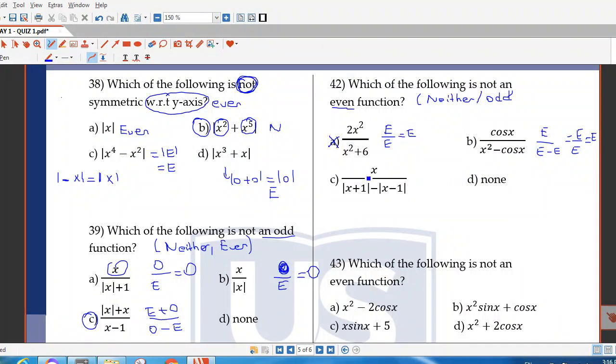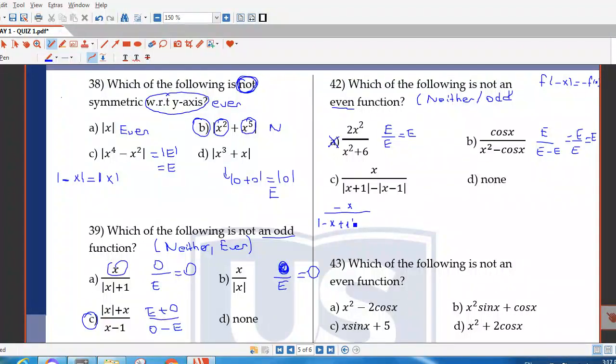Before deciding, I have to be careful here. Normally an even function has a property like this: f of negative x should be equal to f of x. So let me write negative x for each x that I see in the expression.